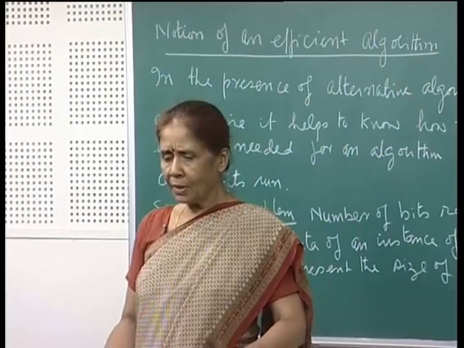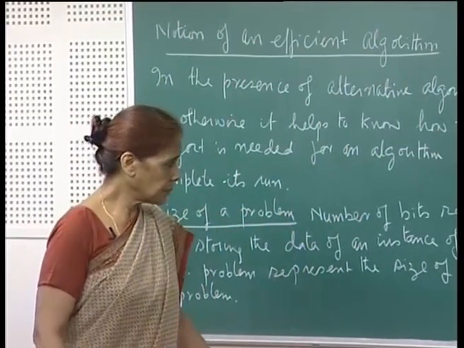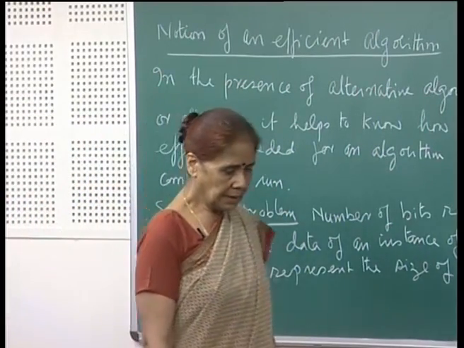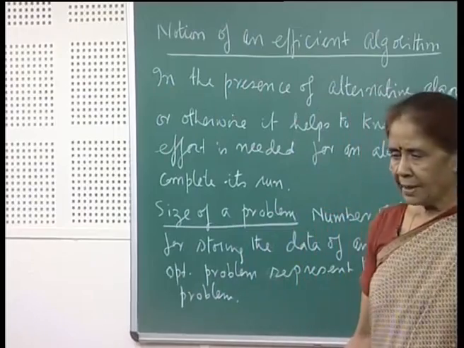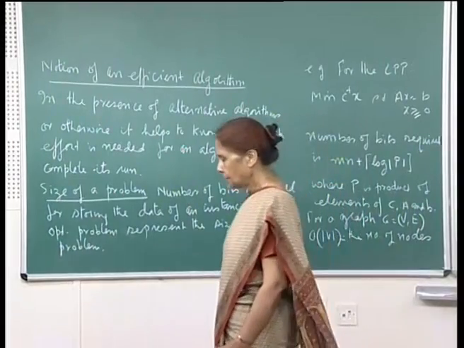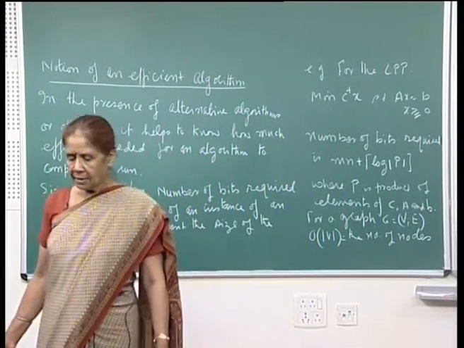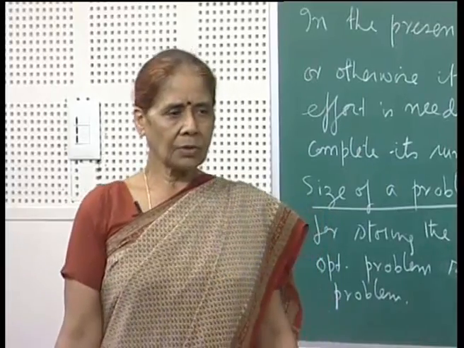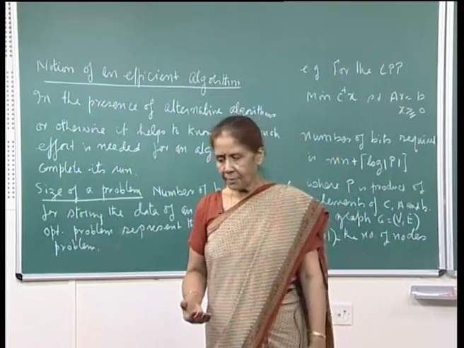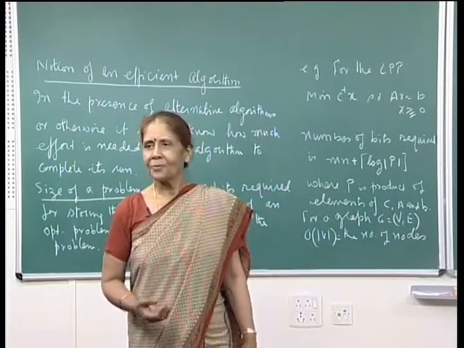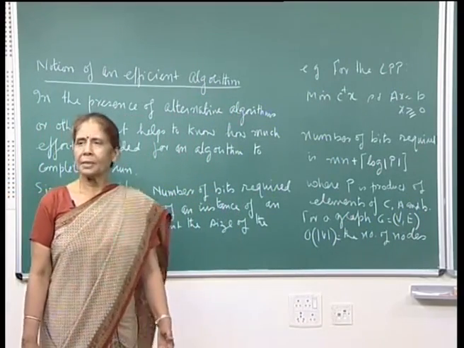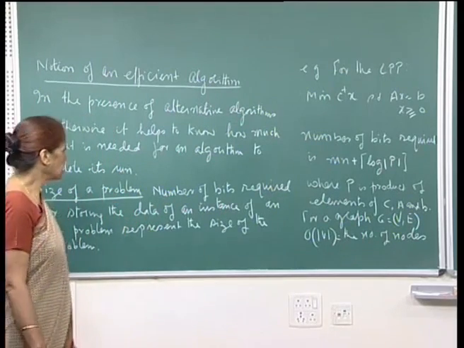So, that can be one yardstick for comparing the performance of two algorithms. Also, it helps to know what kind of effort will be required by an algorithm, and sometimes you can classify that the algorithm is such that the amount of time required is not a reasonable amount of time. Like if one has to spend a lifetime trying to get to an optimal solution, then of course, it is not worthwhile. So, there are a lot of considerations when you want to look at the performance of an algorithm and you want to analyze it.